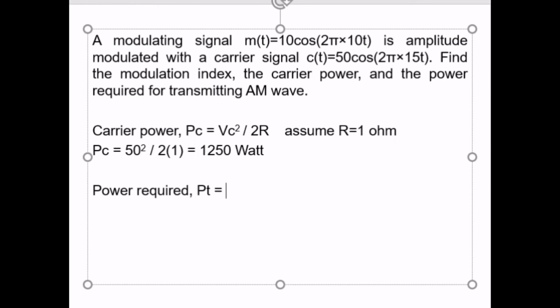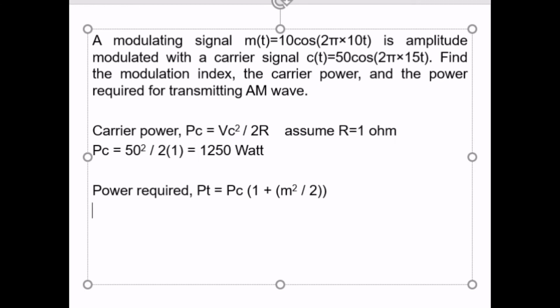PT is equal to Pc times 1 plus m square divided by 2. Okay, this should be like this. So it's easier to understand.